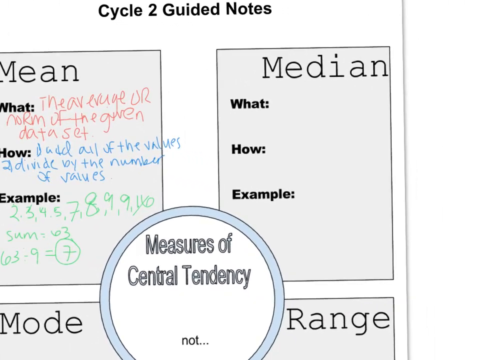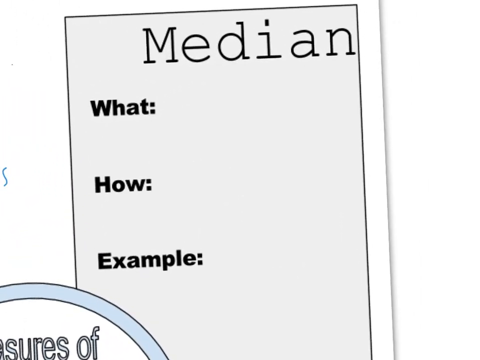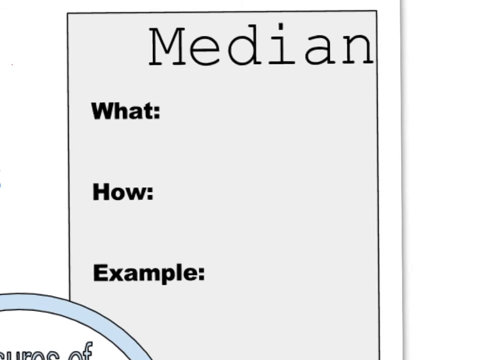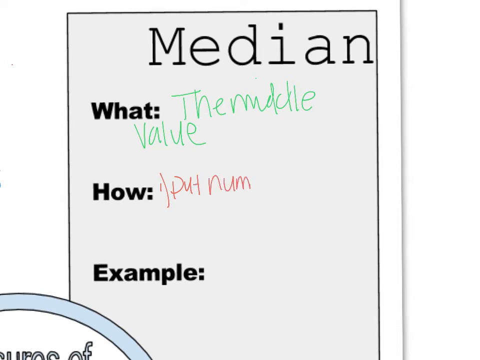Okay, let's head over here to median. Median is the middle value. How we find the median is we put the numbers in order, which we should always do when we're working with data.